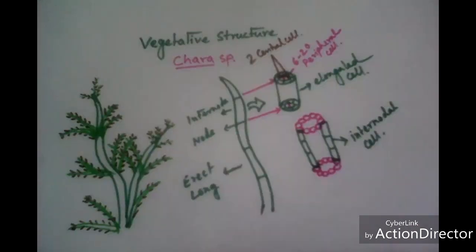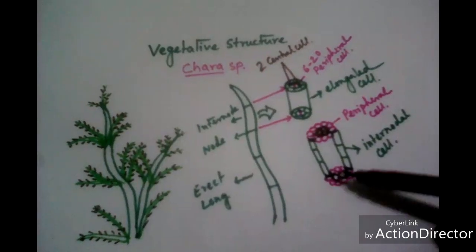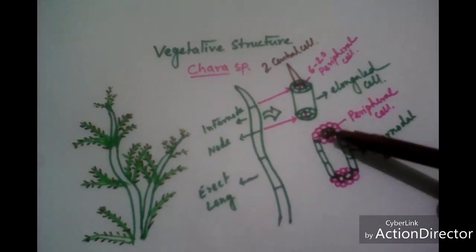So these are peripheral cells and 2 central cells. So these are the 2 central cells. This is also a central cell.